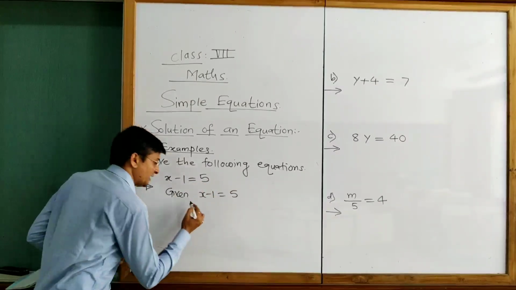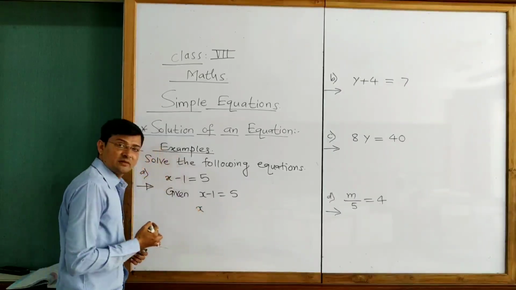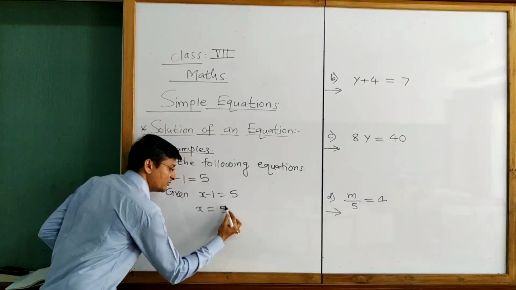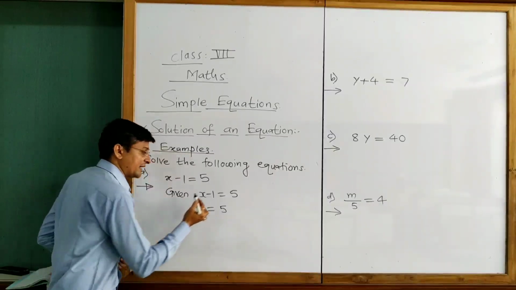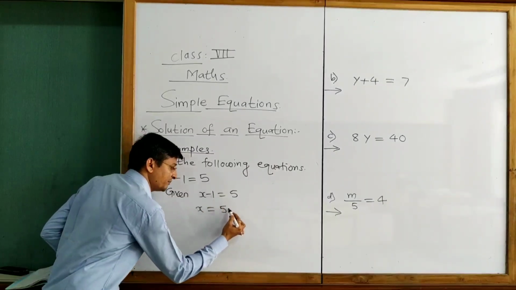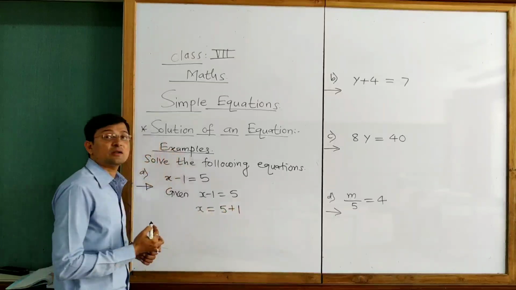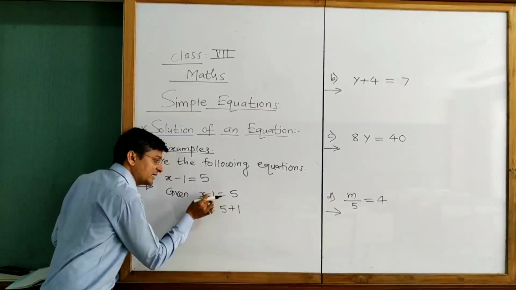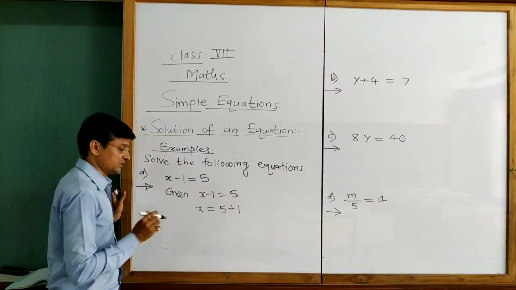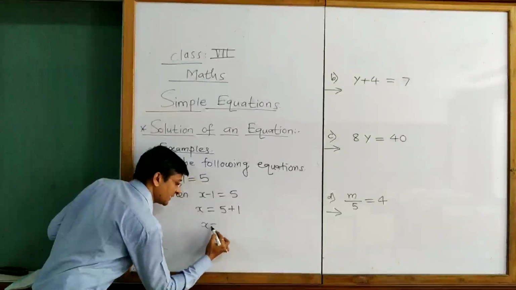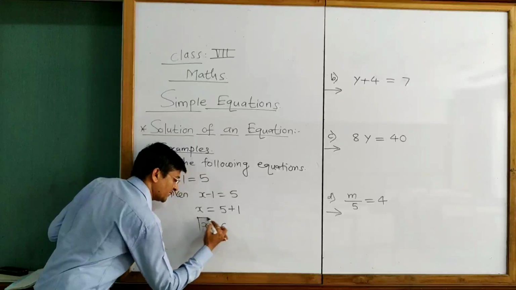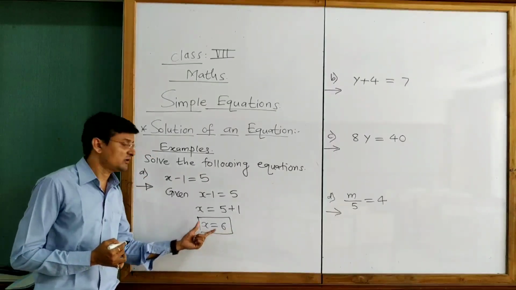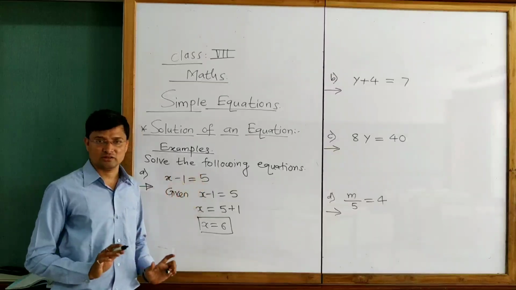So x remains in LHS and is equal to 5 as it is, and this minus 1 becomes plus 1 on the right hand side. I shift this 1 from LHS to the RHS. So here we get x is equal to 5 plus 1, that means 6. This is the solution of the given equation.